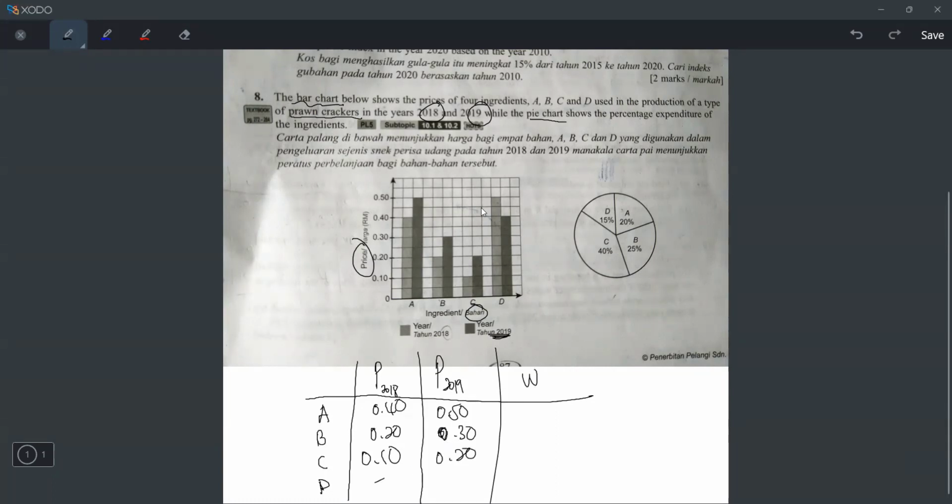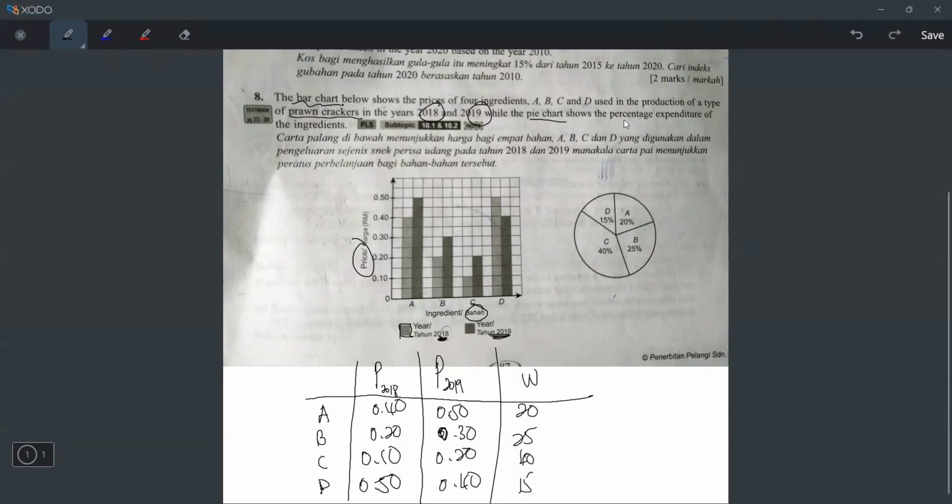D, 2018, 0.50. 2019, 0.40. Because they already mentioned here, this color is 2018, this color is 2019. For the weightage, A is 20, B is 25, C is 40, D is 15. Okay, so that's all.